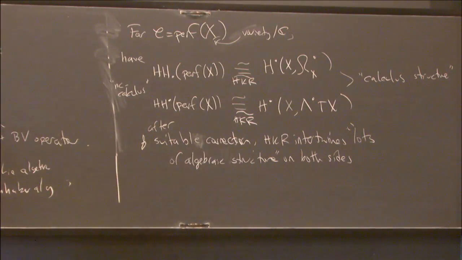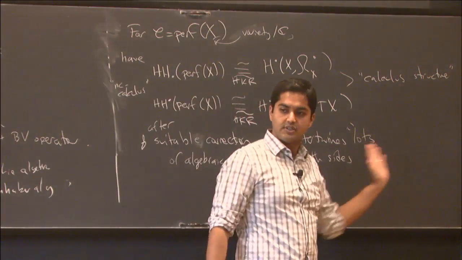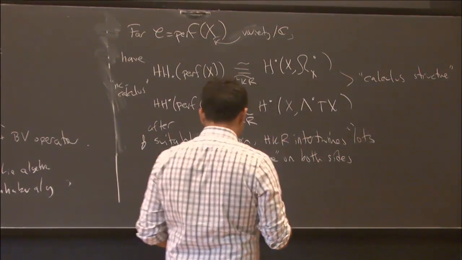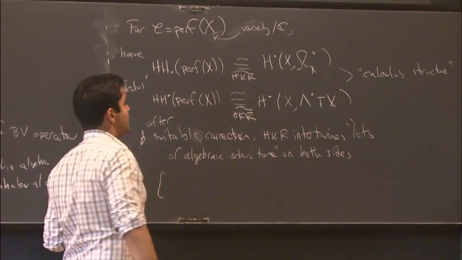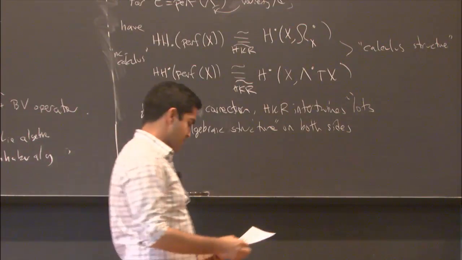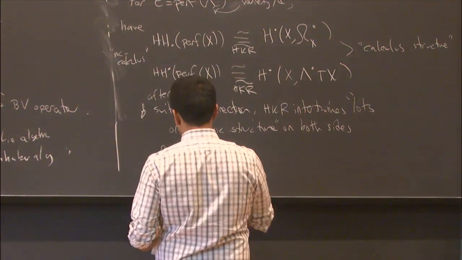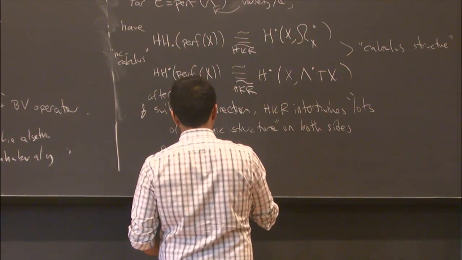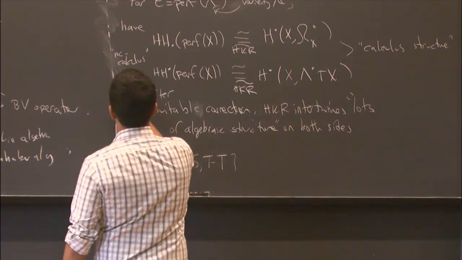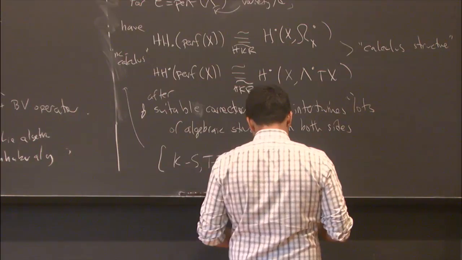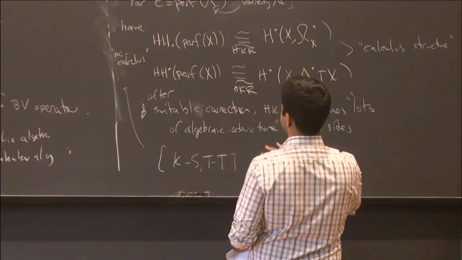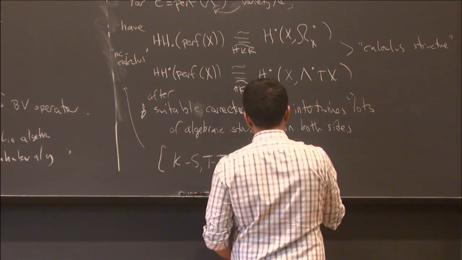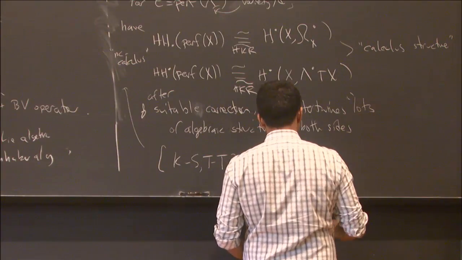OK, so there's sort of a very long list of names I should attach here. And I'll attempt to attach a few of them, but maybe an incomplete list. So for instance, Kontsevich and Soibelman and Tamarkin and Tsygan write about non-commutative calculus quite extensively. And maybe I should say that this notion that HKR needs to be corrected probably was first introduced by Kontsevich.